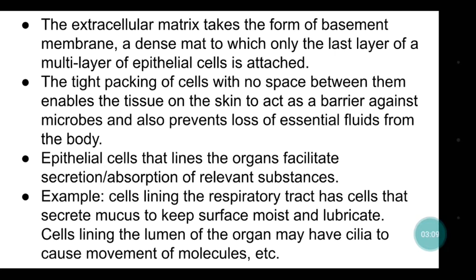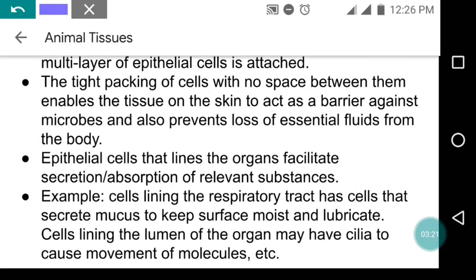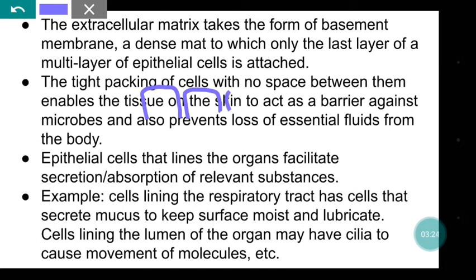The extracellular matrix takes the form of a basement membrane in the case of epithelial tissues. Even if the cells are arranged closely in a single layer of epithelial cells, this basement-like structure is the extracellular matrix. What lies below this dense basement membrane?